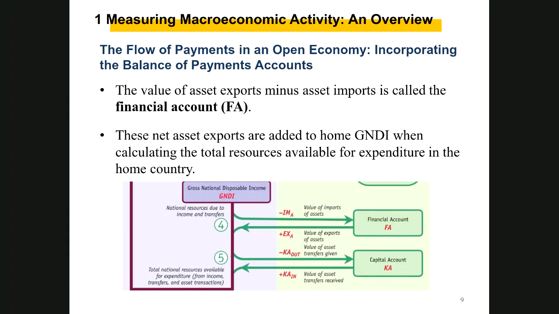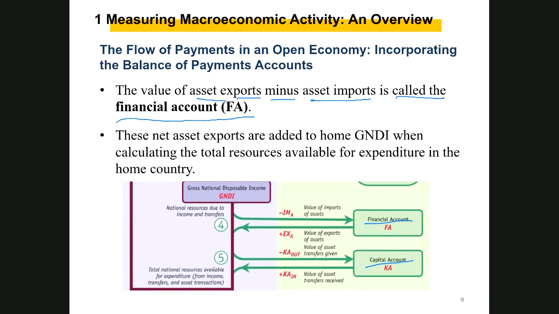Okay, and then two other things is called the financial account and capital account. So they are the other two factors in the balance of the payment. Okay, so let's take a look. What is this? So the value of the asset export minus the asset import is called the financial account. Okay, so the money inflow and money outflow.